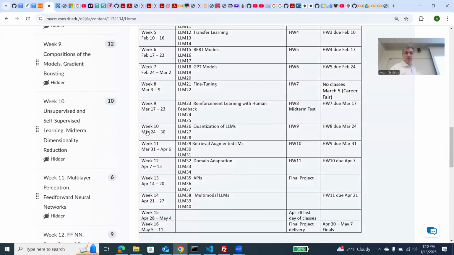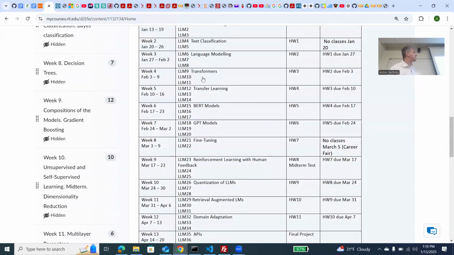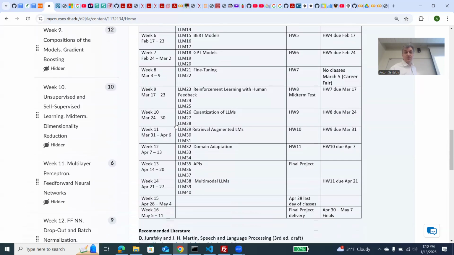Yeah, so the central part of our class will be, I believe, transformers, because all the models are based on transformers.